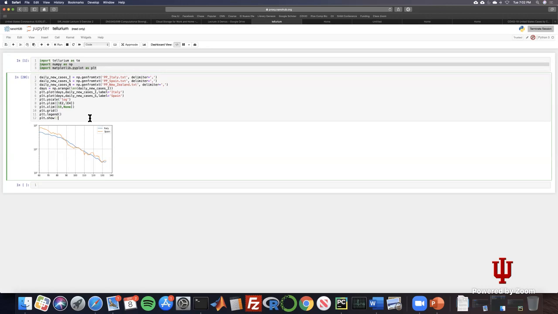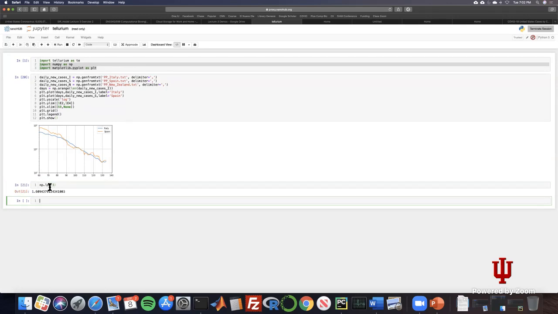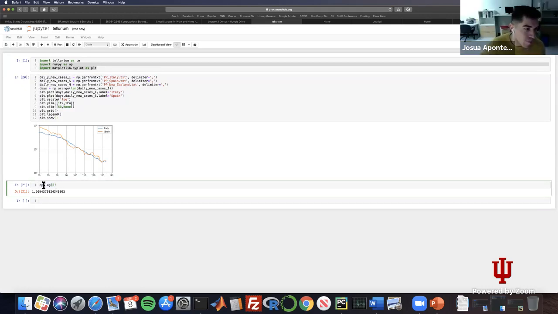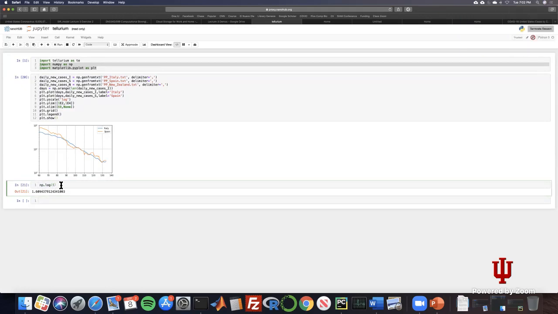So log of, what's log of 5? 1.6. 1.6 over 40 for mu Italy. Log of 5 for Italy.